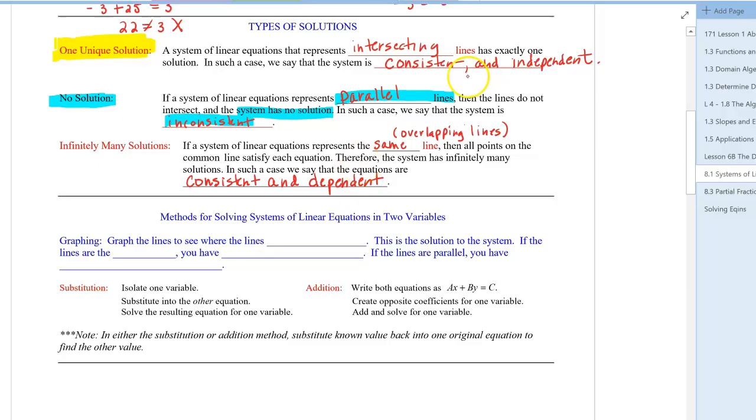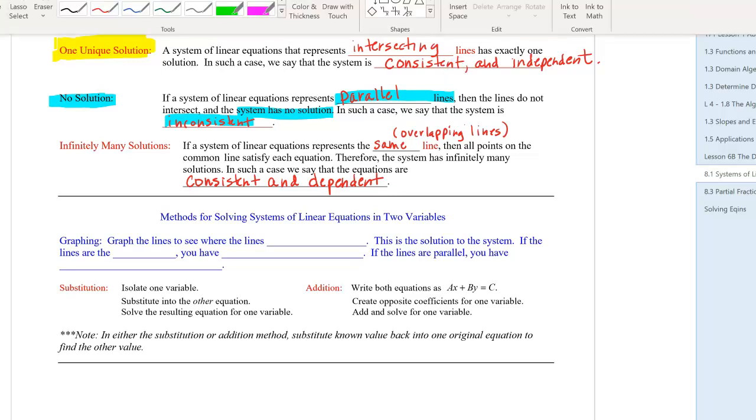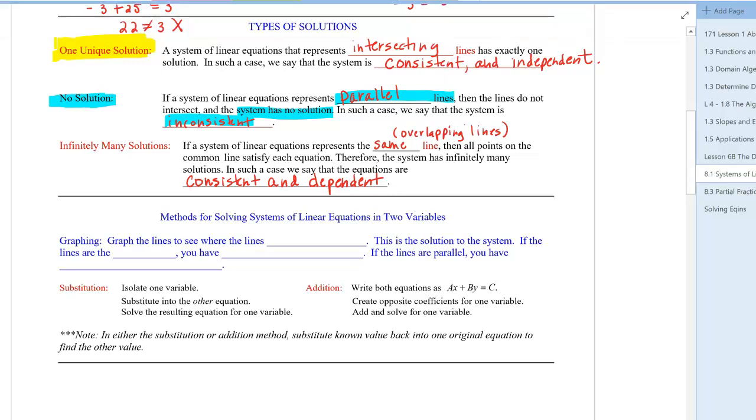As opposed to one solution where the system is consistent and independent. So, one unique solution, the system of linear equations has intersecting lines, and it is consistent and independent. No solution, that is, the system has parallel lines, they do not intersect, and so they have no solution.